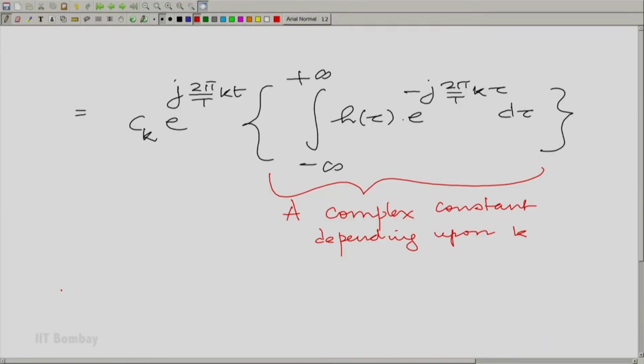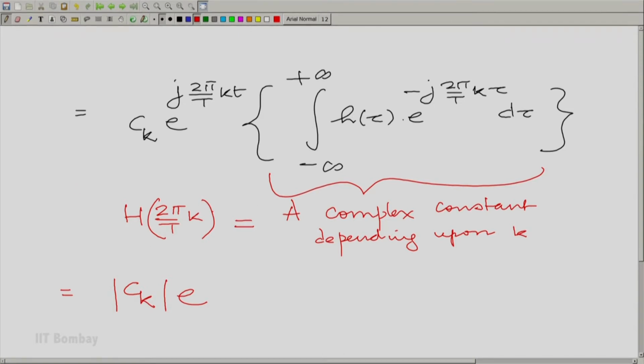Let us write that down explicitly in the expression that we have been writing. I am writing it very clearly in a different color, |c_k|, and we will give this complex constant a name. We will call it capital H evaluated at 2π/T · k, where we could use a different symbol for this whole argument.